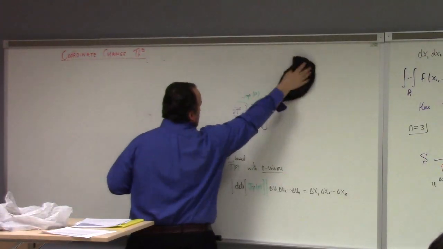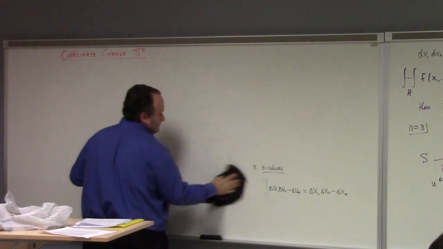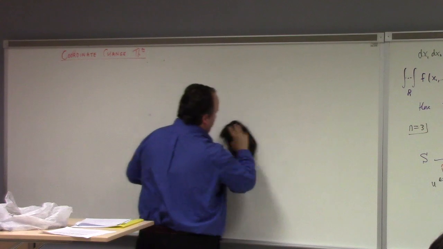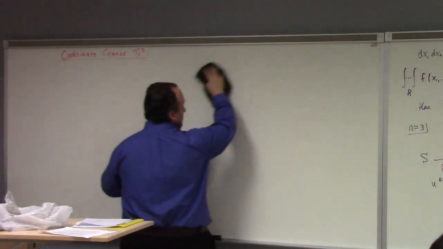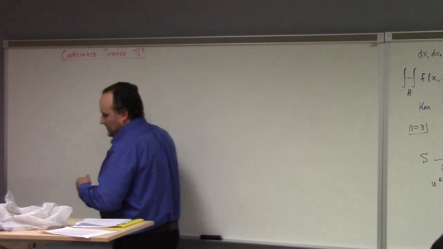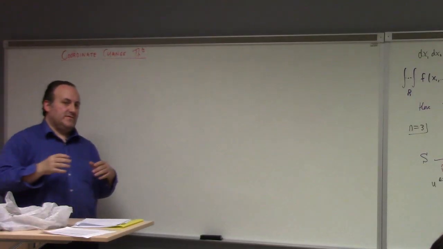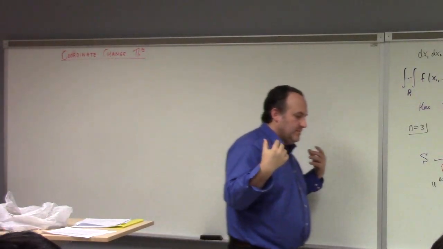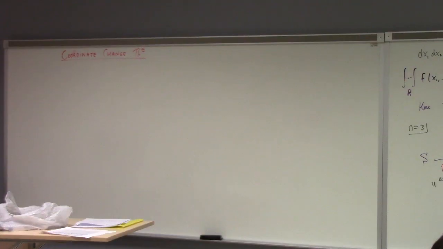The other way we can think about how to change the formula for dA in terms of another coordinate system is to envision the notion of a change in one coordinate holding all the other coordinates fixed.